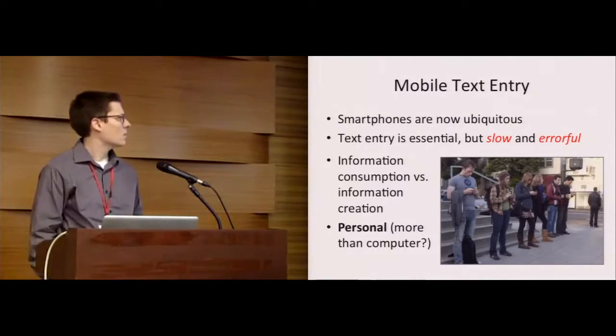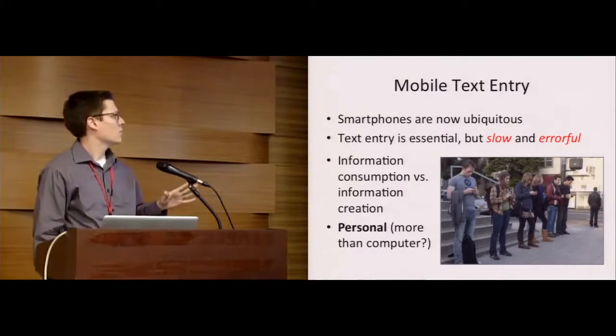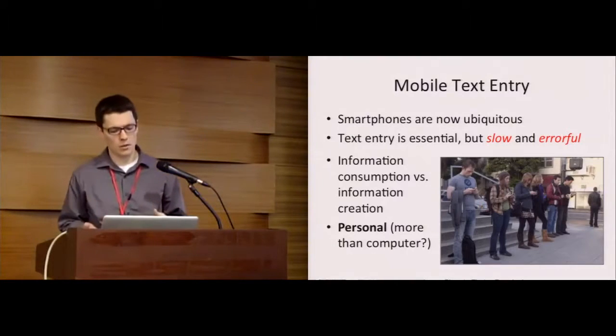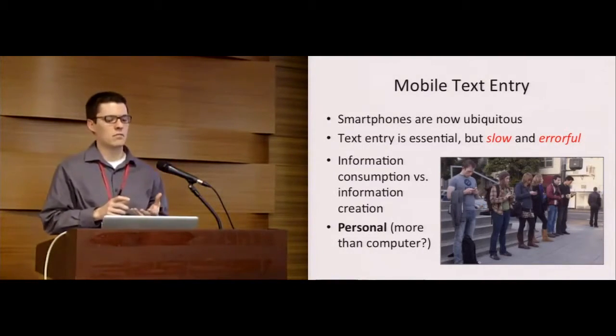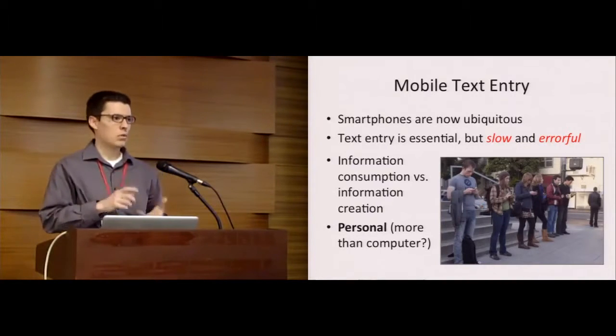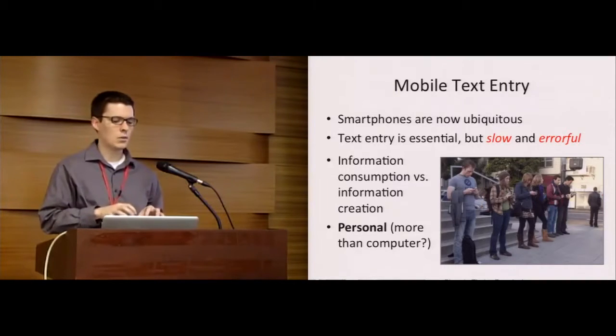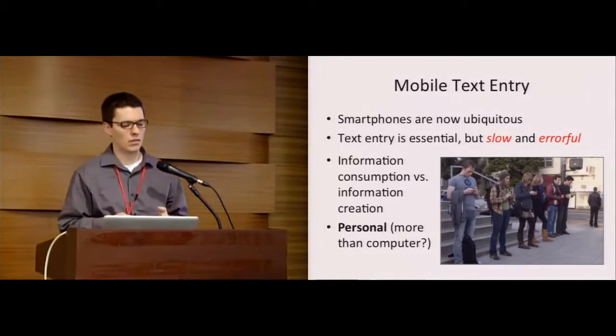Now, if we think about mobile text entry, obviously smartphones are everywhere now. But if you think about entering text on that phone, even if you're pretty good at it, it's not as fast as a standard keyboard, and there are more errors involved.